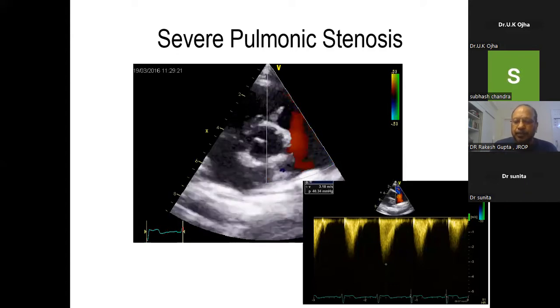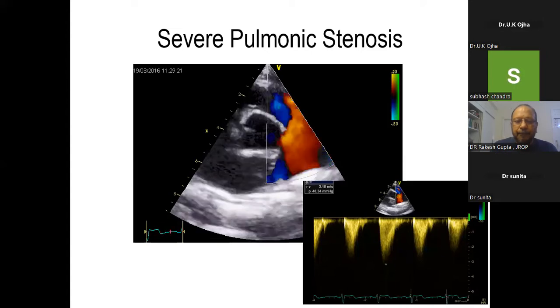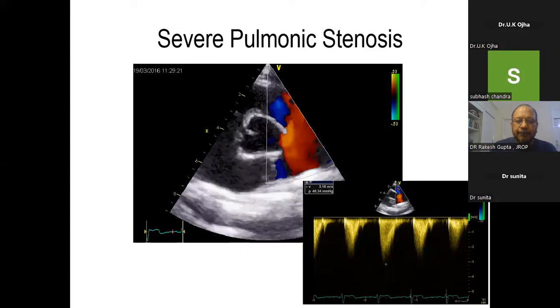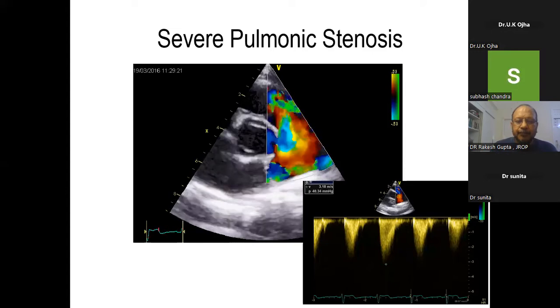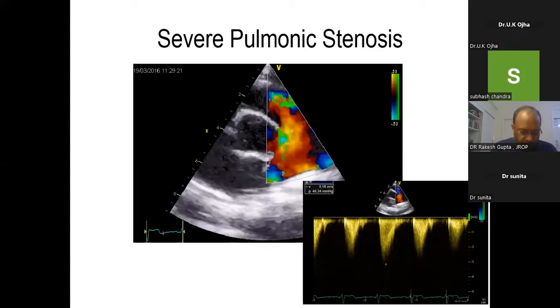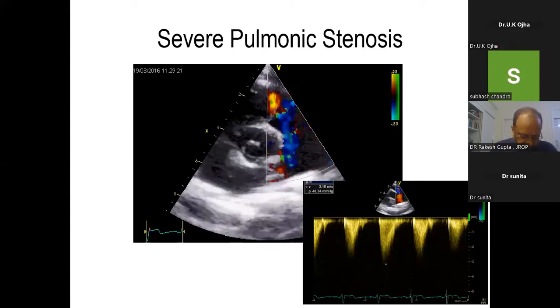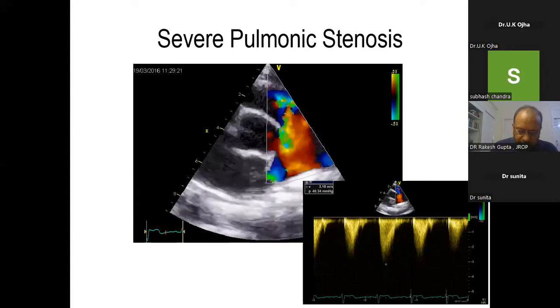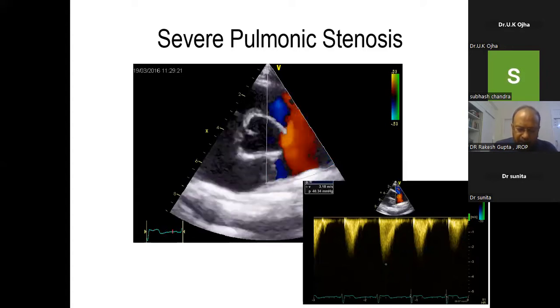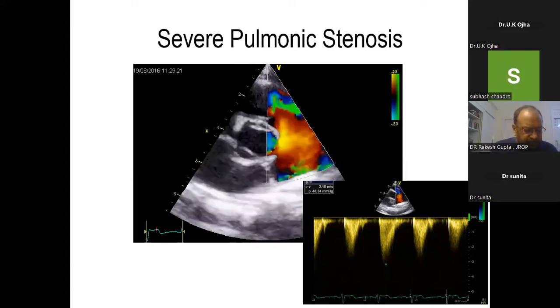Sir, should all the stenosis patients undergo TEE, transesophageal echo, for better measurements of gradients? In pulmonic or aortic? Patients with aortic stenosis. We hardly subject aortic stenosis patients to transesophageal echo.